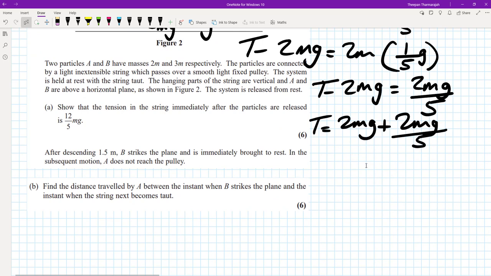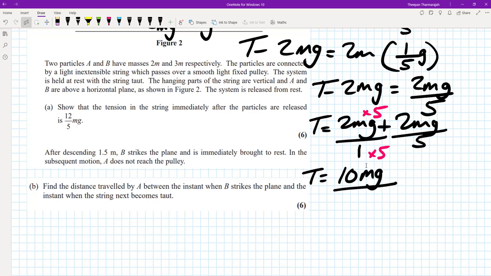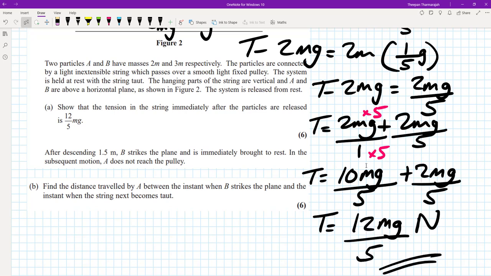We're going to add them, so don't forget this is over 1. So times this by 5, times that by 5. So we end up with T equals 10mg over 5 plus 2mg over 5, so T, and that's exactly what they want us to show.